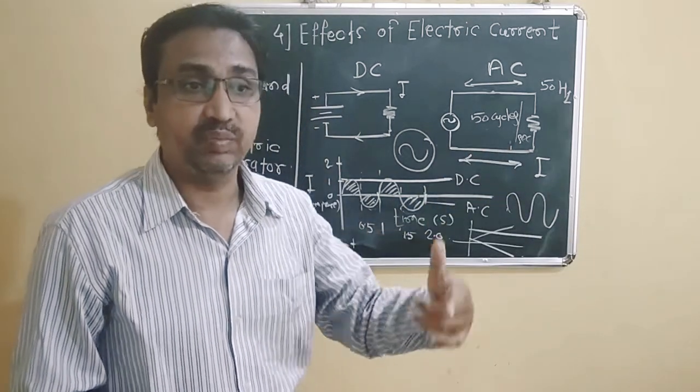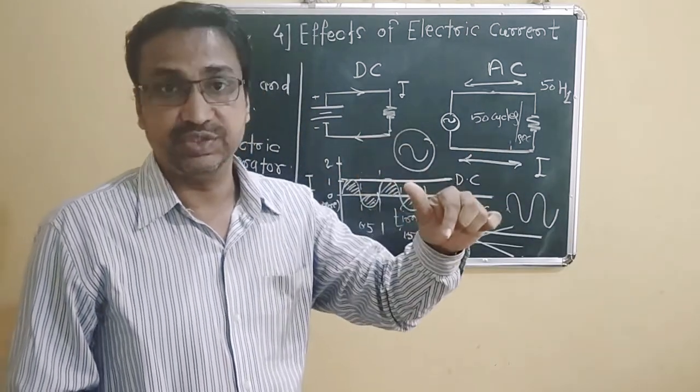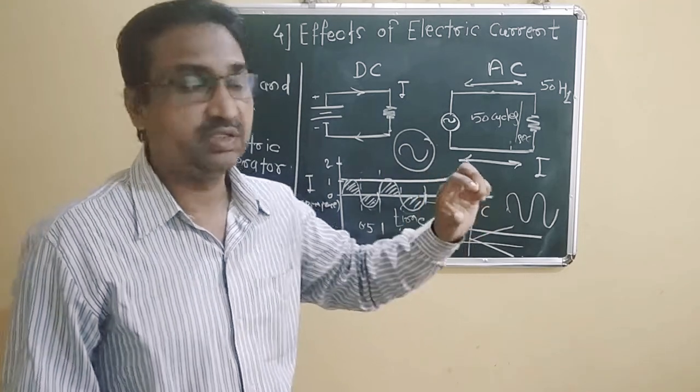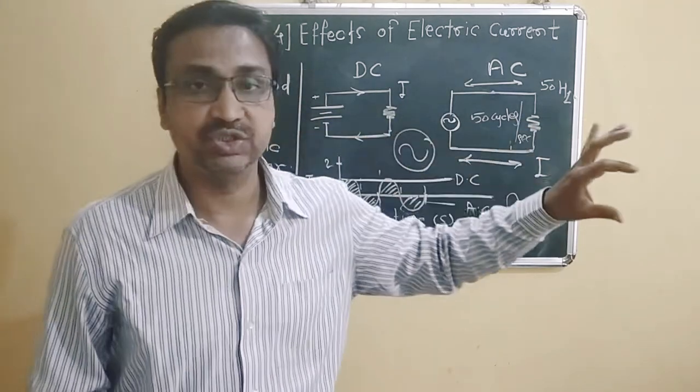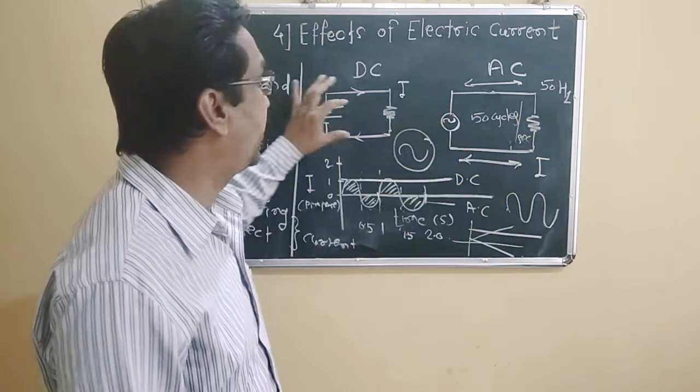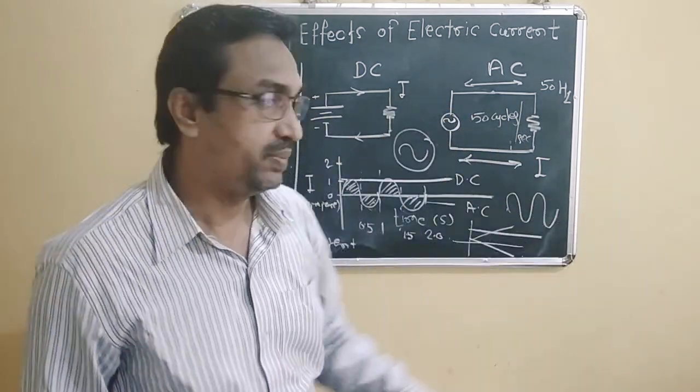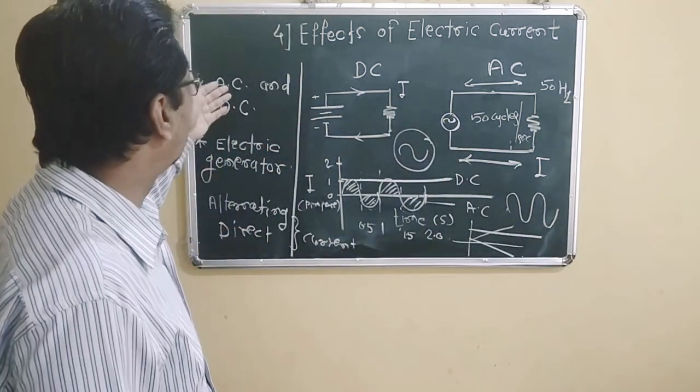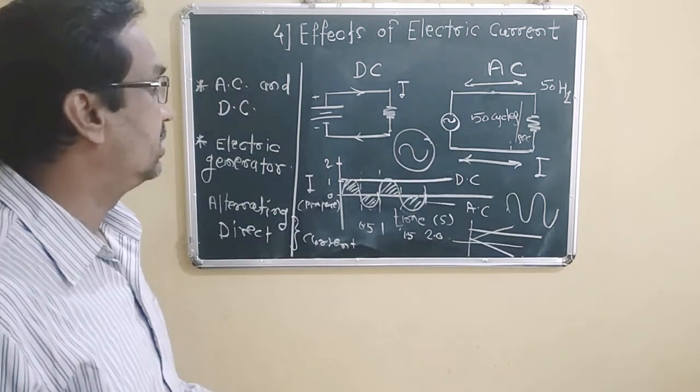At that time we find the DC source, that is direct current, which is unidirectional, with frequency 0.